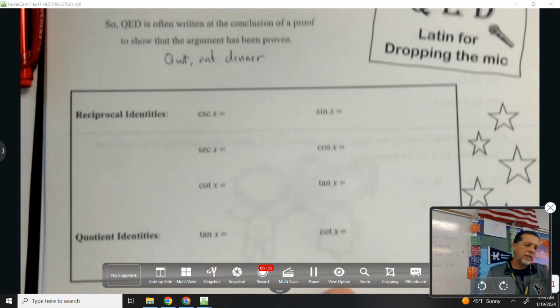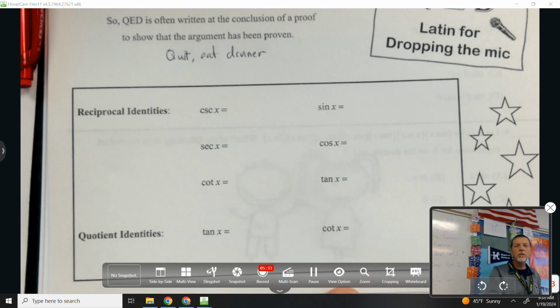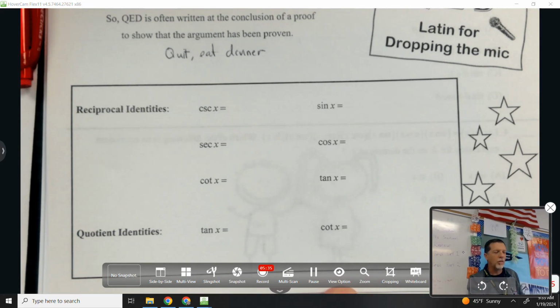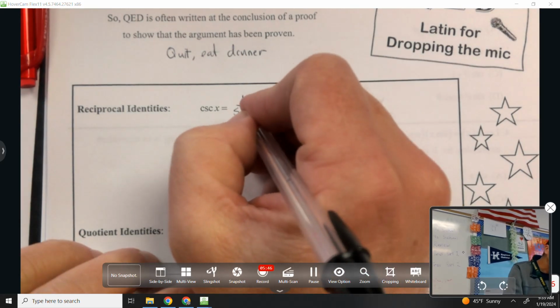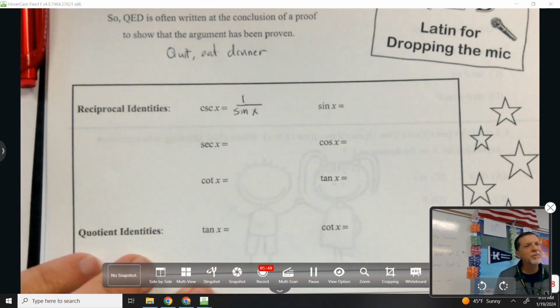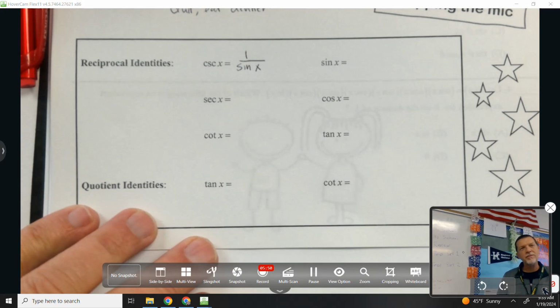Reciprocal identities. These you know. I mean, I think you know them. What's cosecant equal to? Be careful. Don't say inverse, because inverse means go backwards. Let's say 1 over sine. Now, I know what you mean by inverse, but that has a different meaning when we're talking about trig functions.